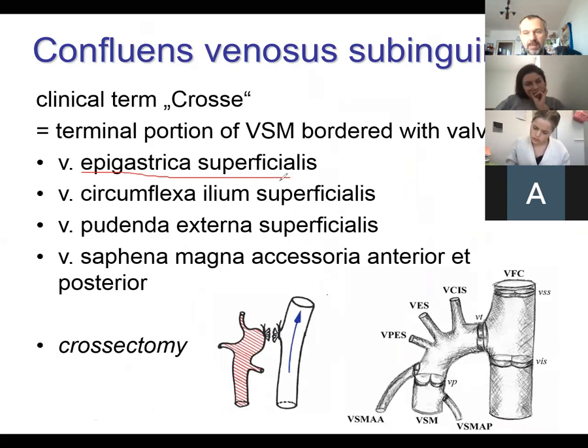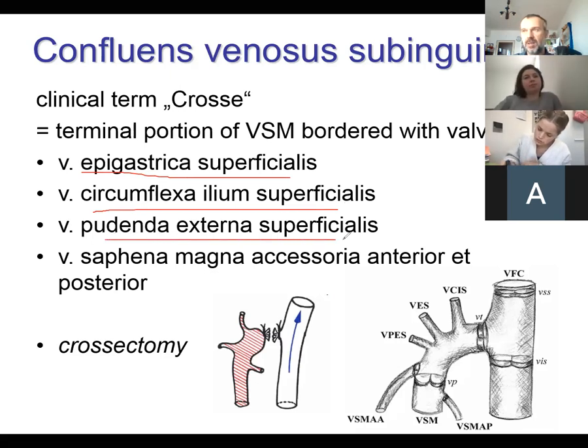Superficial epigastric, which we know from cavocaval and portocaval anastomosis. A bit smaller, the superficial iliac circumflex vein. External, superficial external pudendal. The deep external pudendal opens directly into the common femoral.